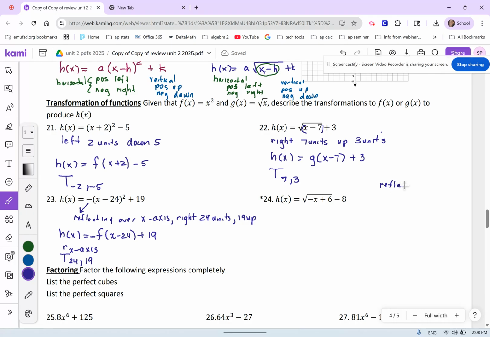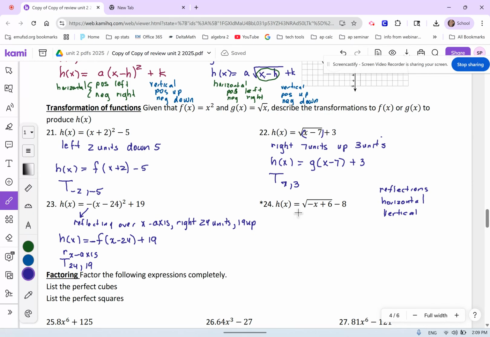Reflections always come first, then horizontal movement, and then after the horizontal movement, the vertical motion, or vertical movement.